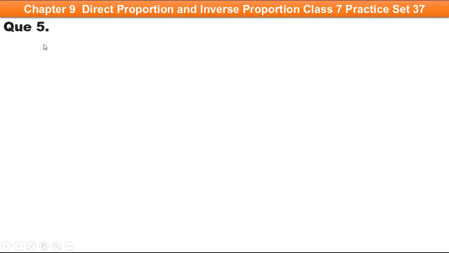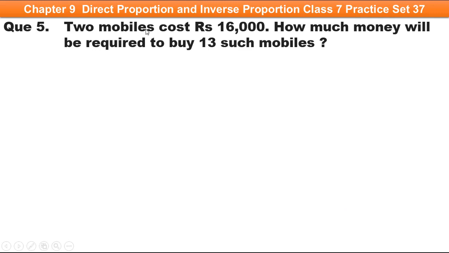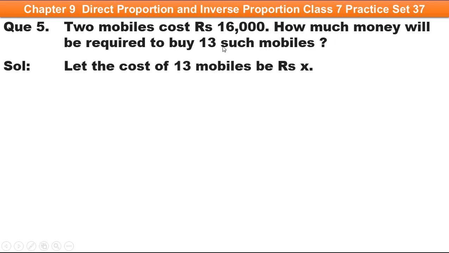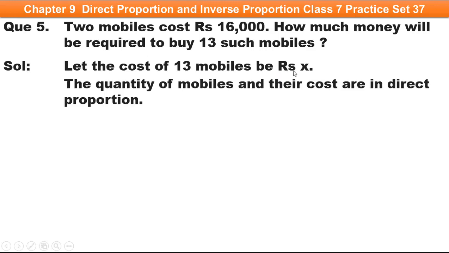Next question, question fifth. 2 mobiles cost rupees 16,000. How much money will be required to buy 13 such mobiles? Solution. Let the cost of 13 mobiles be rupees x. The quantity of the mobiles and their cost are in direct proportion. 2 upon 16,000 is equal to 13 upon x.